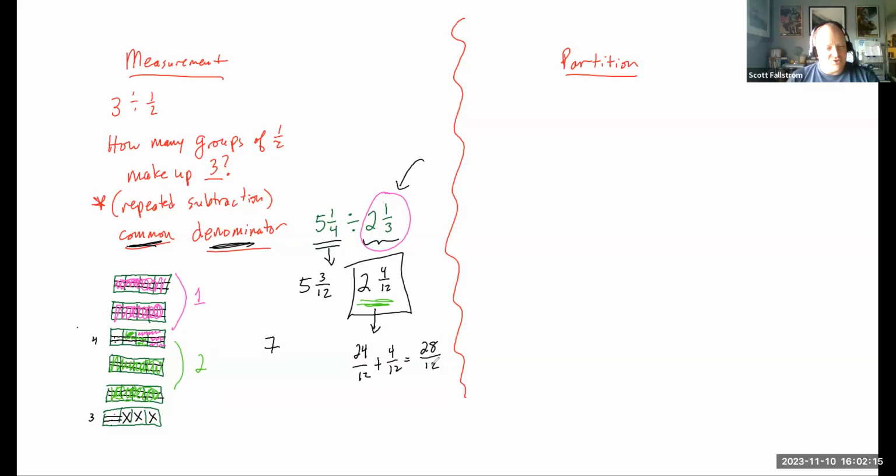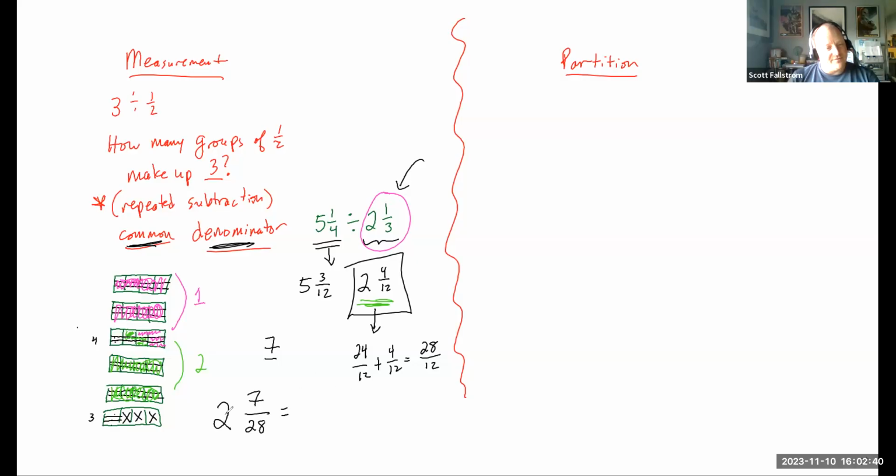So 28 twelfths is what's needed. Well, I don't have 28 pieces. I only have 7 pieces. So my remaining answer would be I can make 2 whole groups, and I have 7 pieces remaining out of the 28 pieces that are needed to make one whole group of 2 1/3.